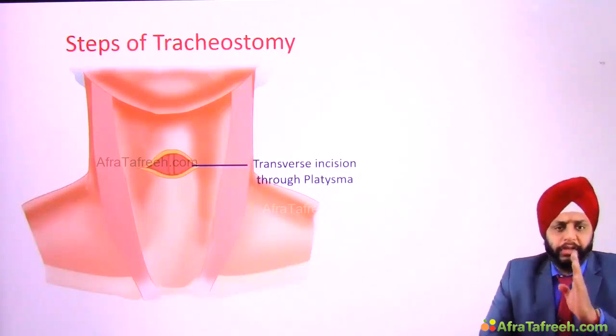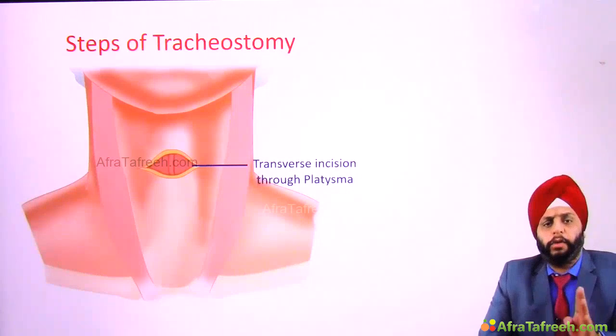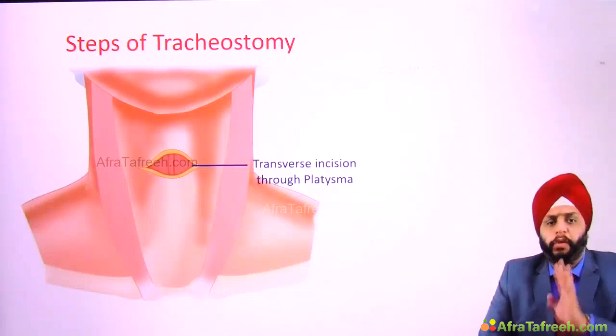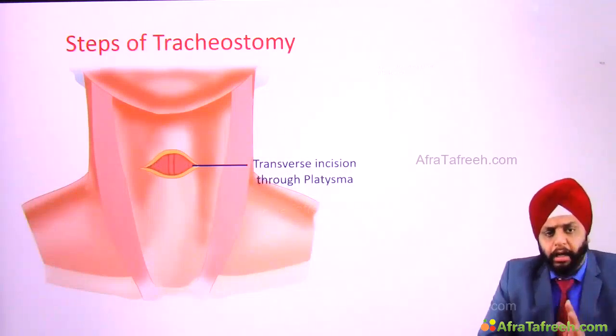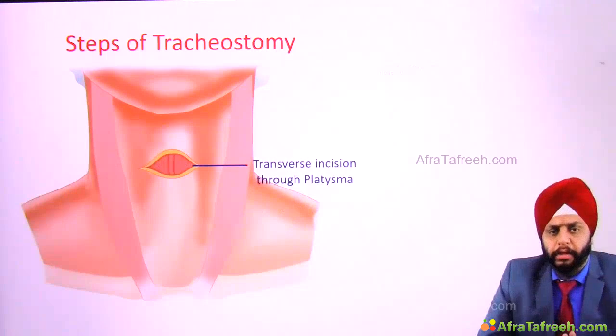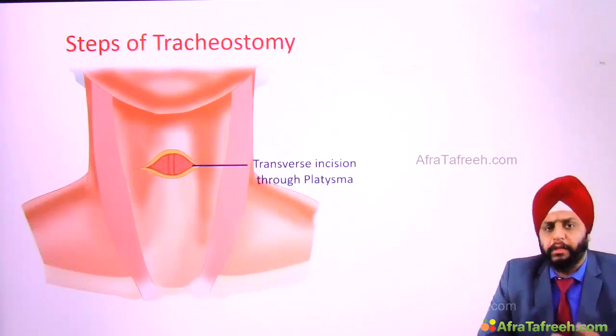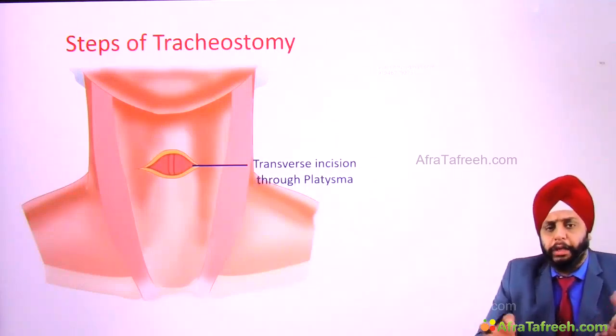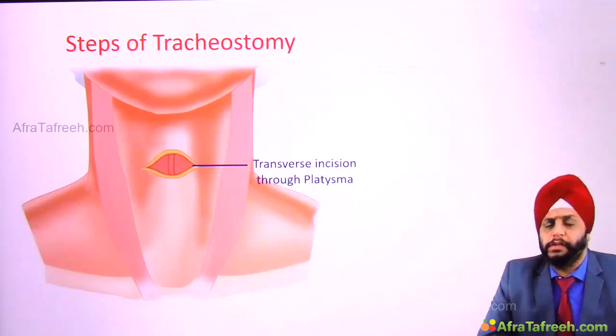Now, if it's an emergency tracheostomy, you should prefer doing a vertical incision because that is a more bloodless plane, and if you give a vertical incision, the chances of your injuring the blood vessels or the bleeding is minimal. Right? A planned tracheostomy, suppose you're doing in the operation theater, you have the cautery machine and everything with you. So of course you can do a transverse incision also.